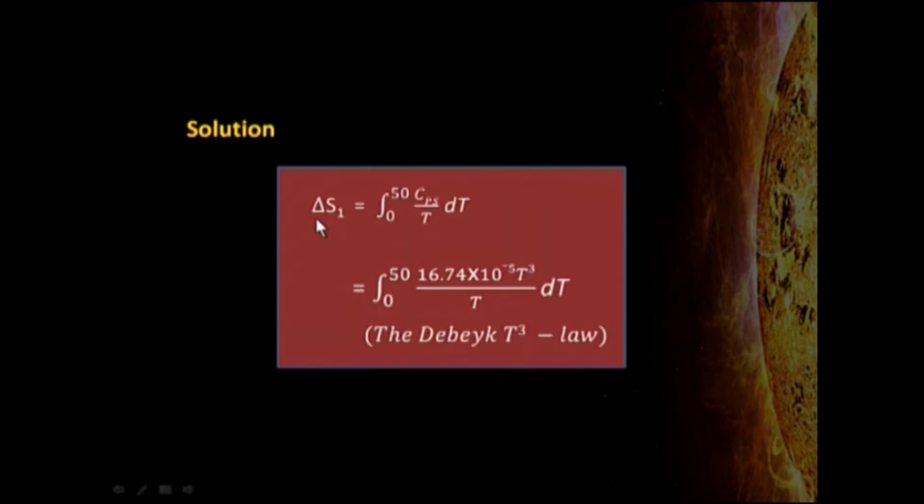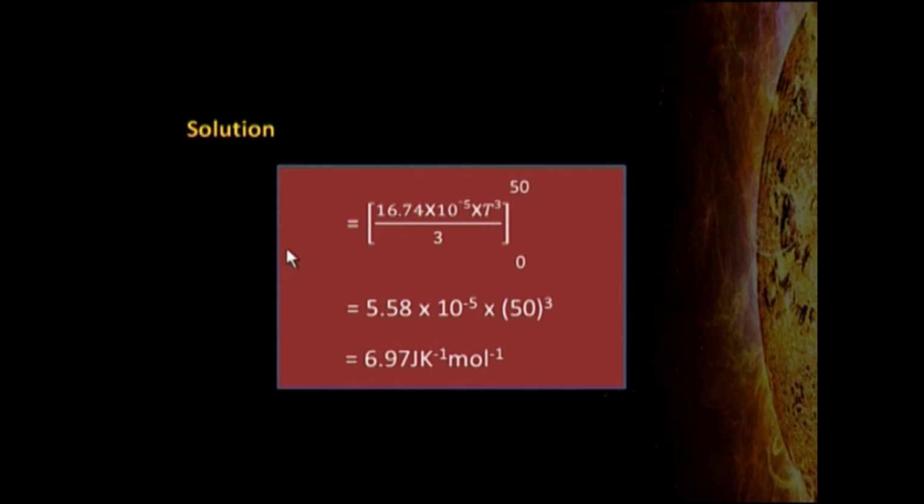Now, delta S1 will be equal to the integral of Cp divided by T dT within the limits 0 and 50, and substituting all the values and using the Debye T cube law, we will have delta S1 equal to 6.97 joules per Kelvin per mole.